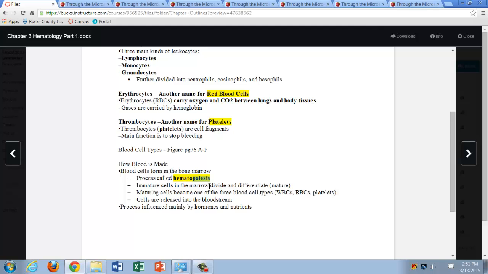We're not drawing a bone marrow sample, we're drawing a peripheral blood sample. After this maturation process, the mature cells are released out into the bloodstream. So let's go out to the web now and take a look at all these different cells.